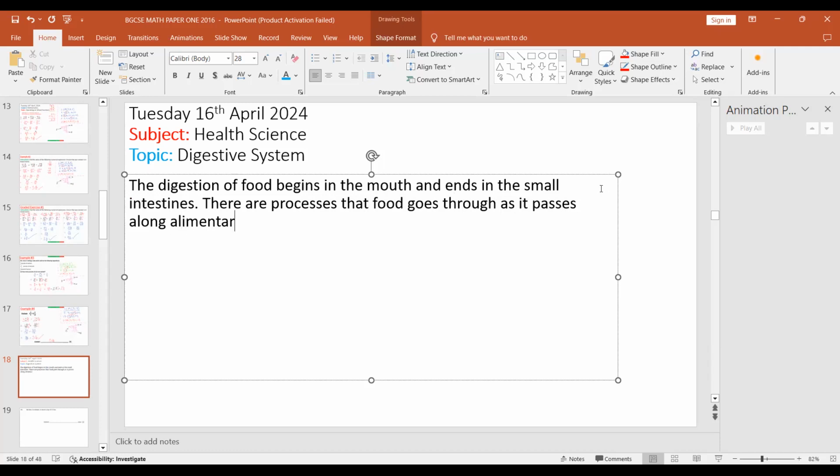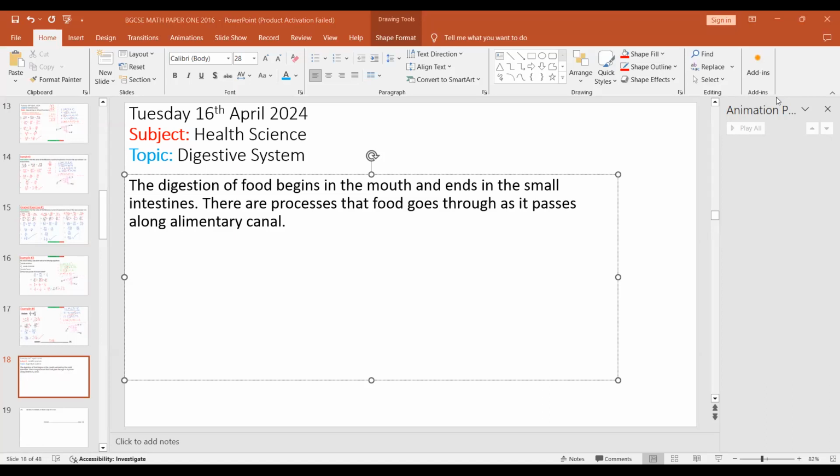The alimentary canal is just another word for the digestive system. But when we talk about the alimentary canal, we don't include the liver and the gallbladder. We're looking at that tract from the mouth all the way to the anus. That tract is what we call the alimentary canal.